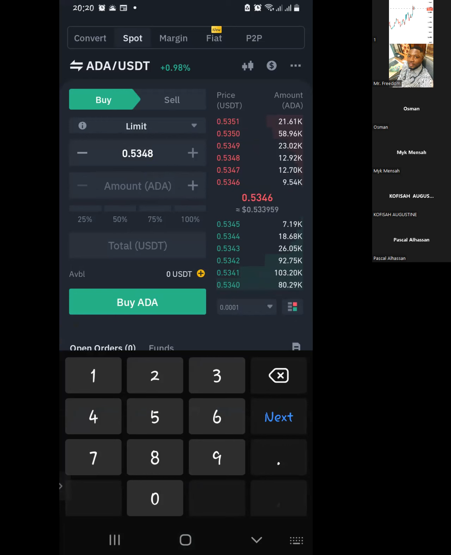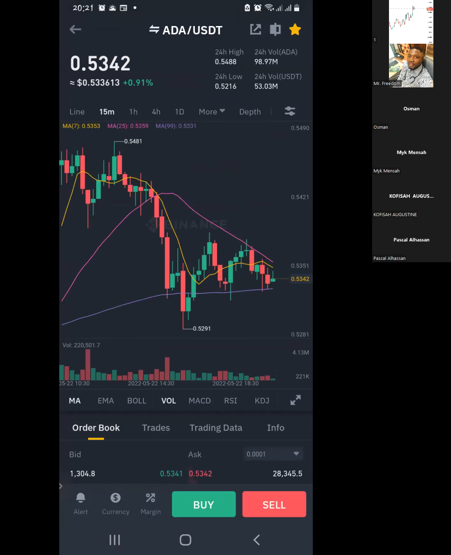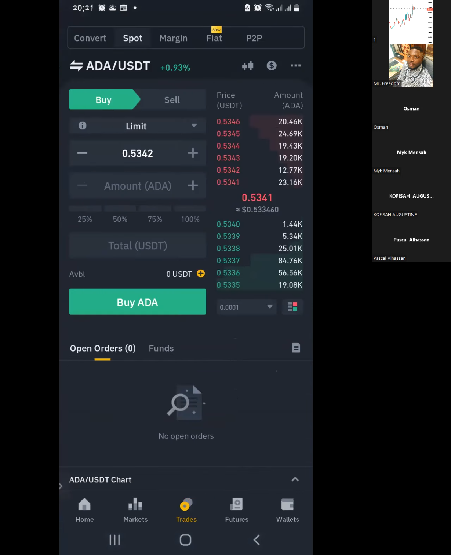But because I'm buying, the rule is you buy low, sell high. Looking at the candle, it's possible this can drop to around 0.529, so you want to wait until it hits there before your trade executes.